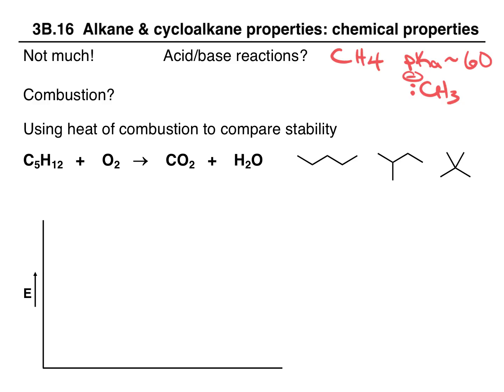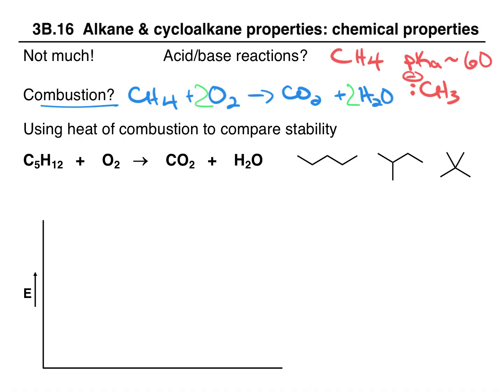Well, what about combustion? Alkanes will undergo combustion. So if we have CH4, this will react with oxygen to form carbon dioxide and water. And we can come back to balance our equation. And so here we're going to have 2 waters and 2 molecules of oxygen.